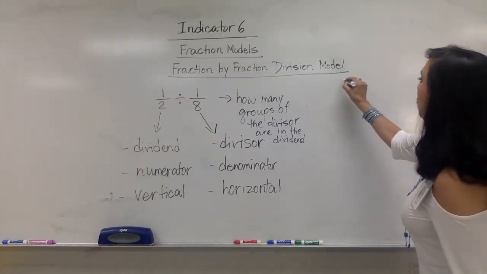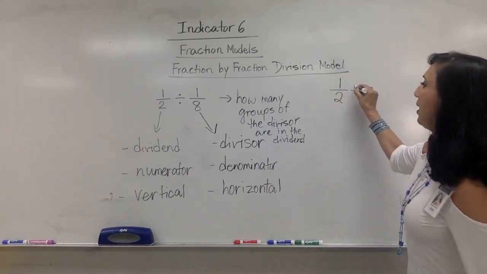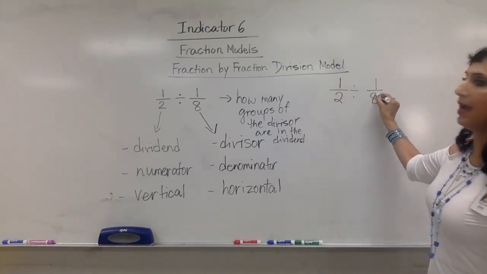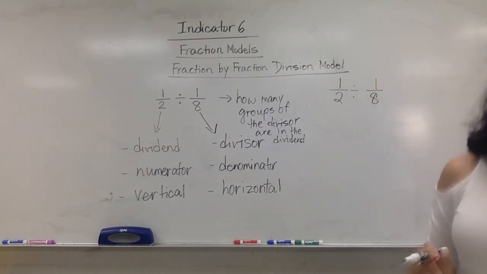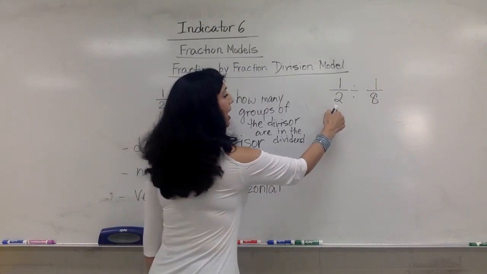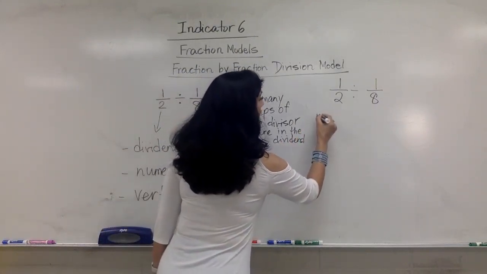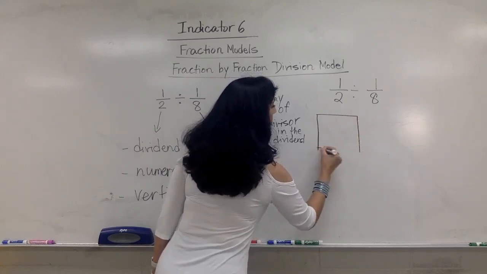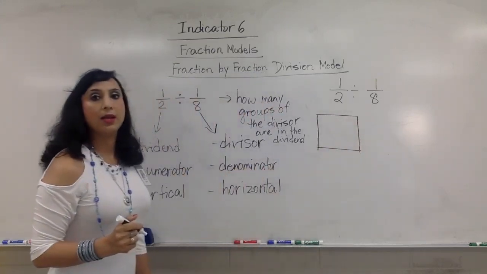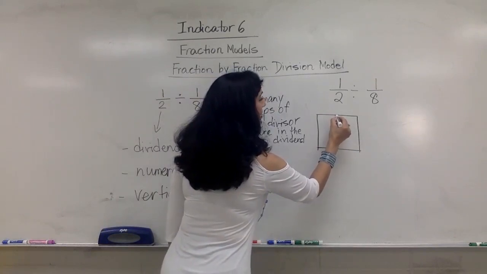So we have 1/2 divided by 1/8, and I'm going to show this to you. Under the 1/2, I am going to make a rectangle like this, and I am going to cut it because 1/2 means half.